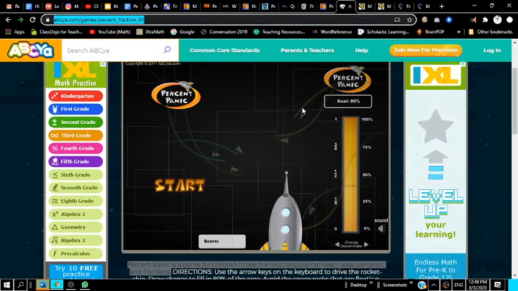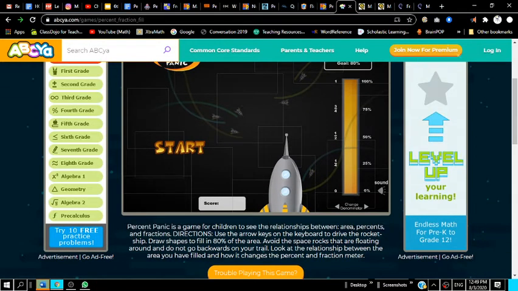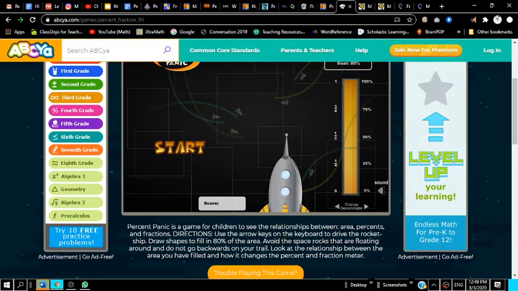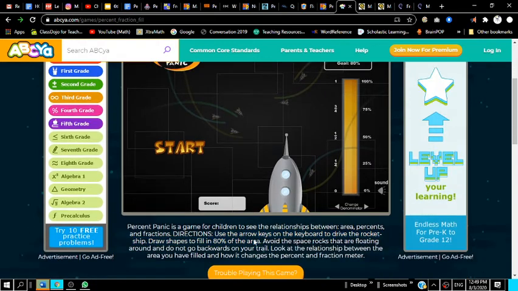This one is kind of neat, percent panic. Okay, so you have to kind of figure out the relationship between areas, percentages, and fractions. Here are the directions right here. Use the arrow keys on the keyboard to drive the rocket ship. Draw shapes to fill in 80% of the area. All right, so let's try that.